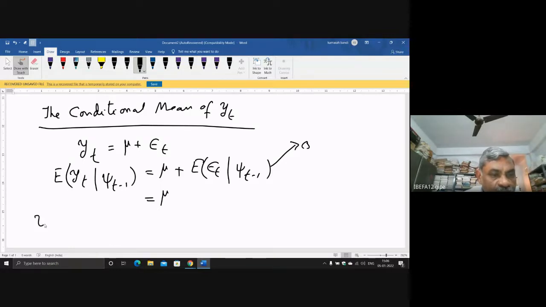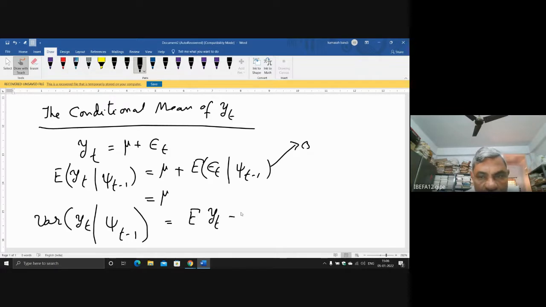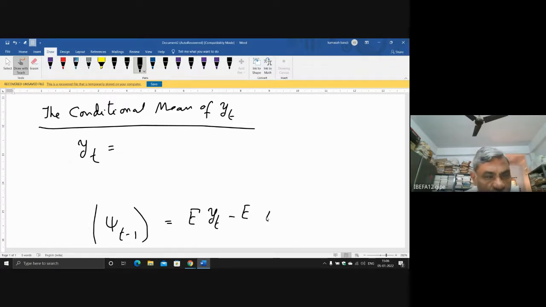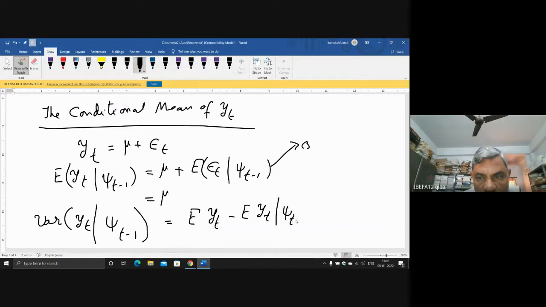Now work out the conditional variance of yt and check whether it is the same as the conditional variance of epsilon t given the information set. Actually here psi t minus 1 is nothing but yt minus 1 because we have only q equal to 1, because this is only an ARCH 1 process. But anyway, let us write in general terms. This is nothing but the expectation of, from first principles, yt minus the expectation of yt given yt minus 1.